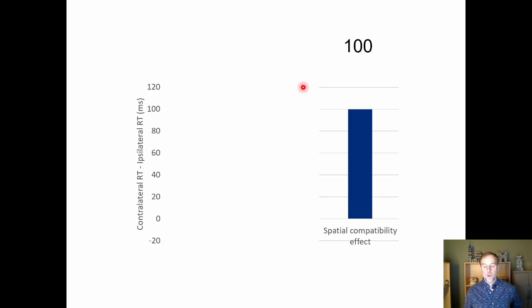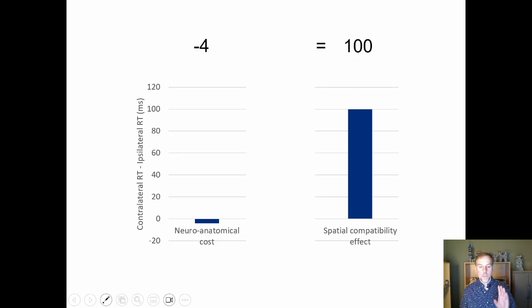Maybe I can convince you of that another way. So when we look at this compatibility effect, when we subtract fast ipsilateral from slow contralateral, there's about a 100 millisecond difference. So yes, there is a 4 millisecond cost to cross the corpus callosum, and that benefits the contralateral condition when the hands are crossed.